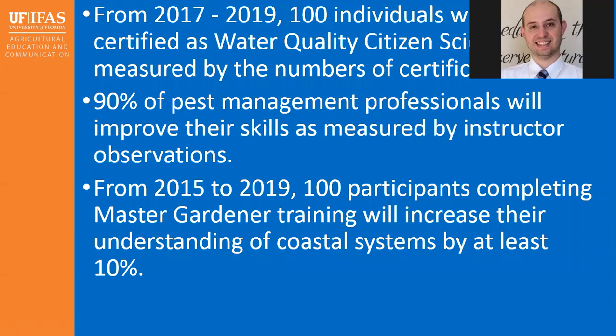All right, so you guys are right. This is definitely not a SMART objective. We do have a time frame, which is from 2015 to 2019, but it's not specific and measurable. It will increase their understanding of coastal systems could not be any more vague. There's so many different things in regards to coastal systems, so what are we measuring?